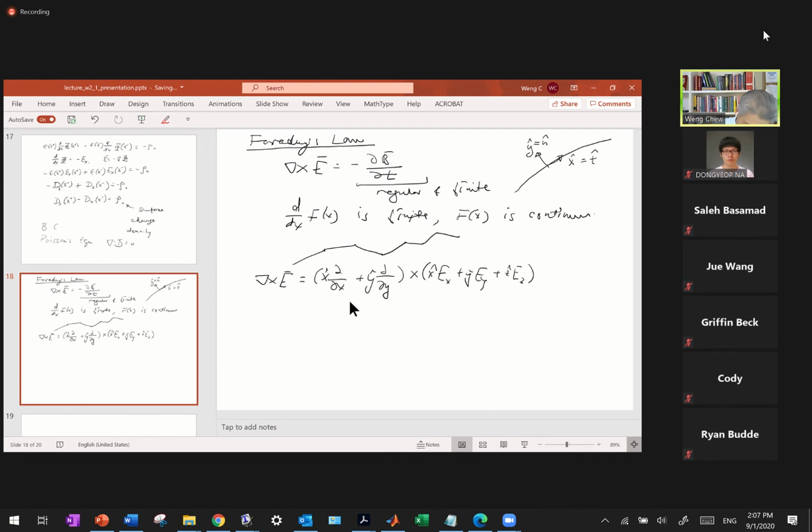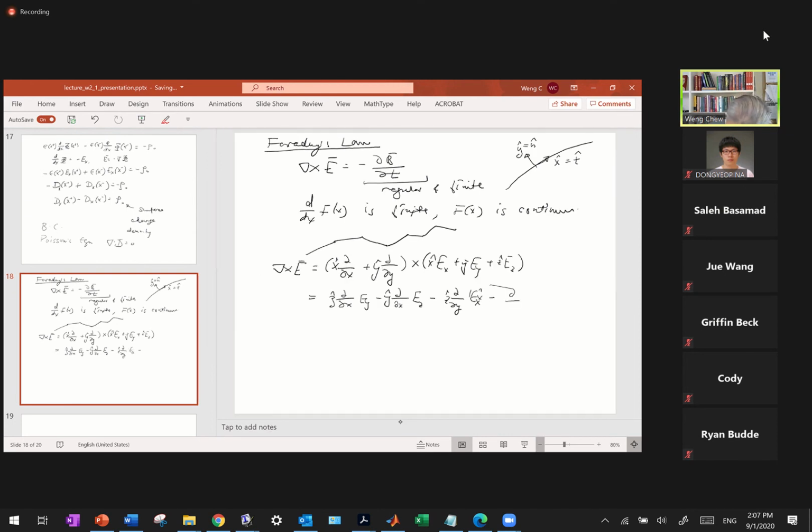If you work this out carefully by taking the cross product, you will get something like z hat partial x ey minus y hat partial x ez. Okay, we multiply out term by term, and then you will have z hat partial y ex plus x hat partial y ez.